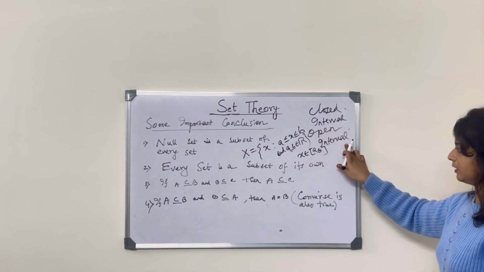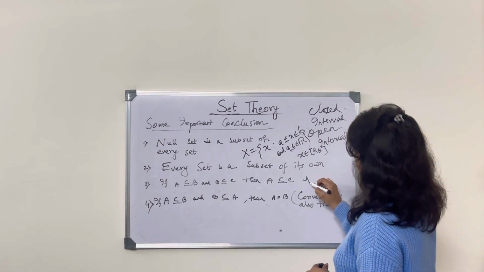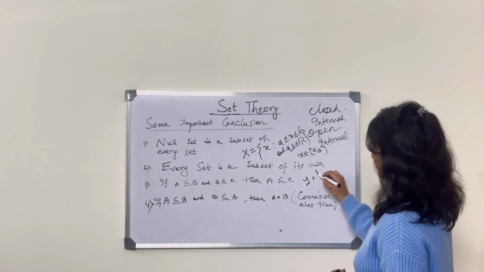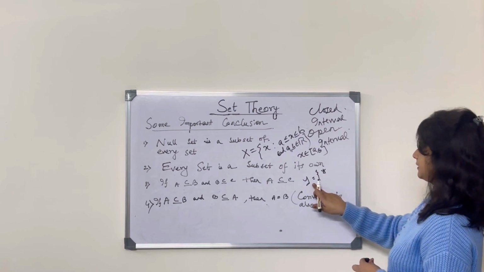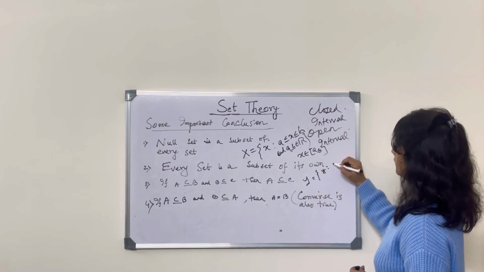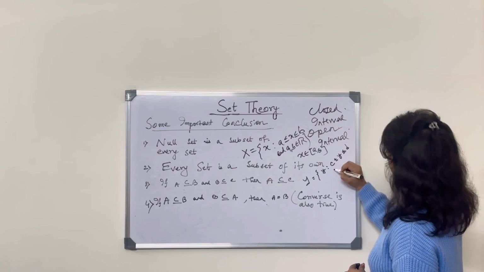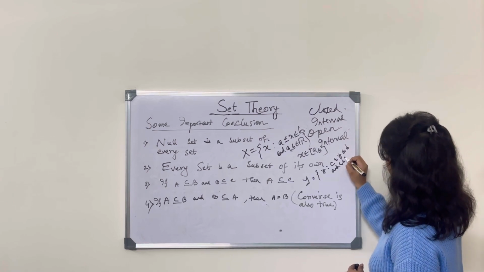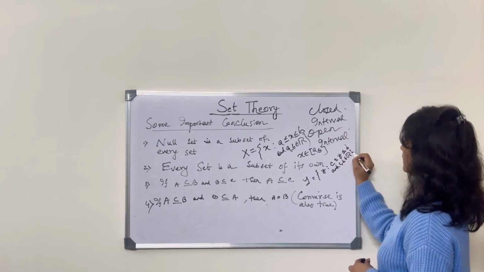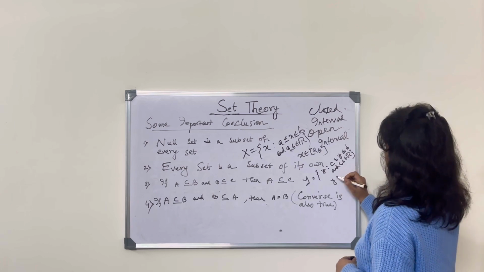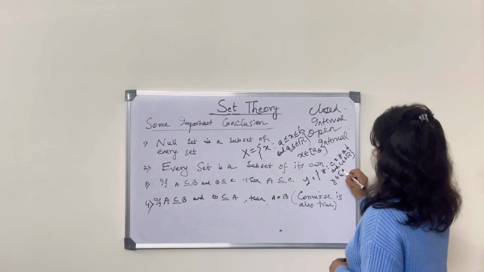What is an open interval? A set Y is called an open interval if every element of that set Y is such that c < y < d, and c, d also belong to the set of all real numbers. We will denote it like y belongs to (c, d).